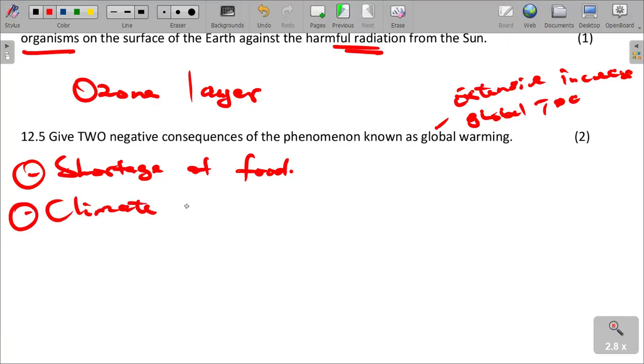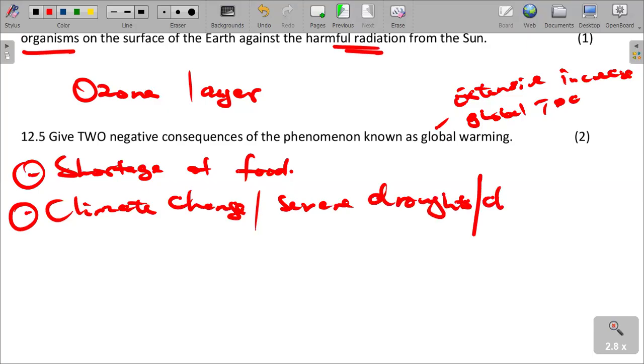Climate change can also result in what? Severe droughts. It can result in what? Desertification. Desertification can also be experienced.